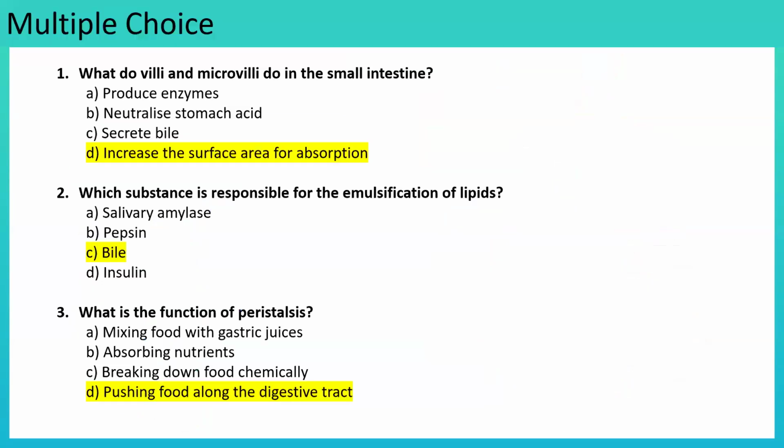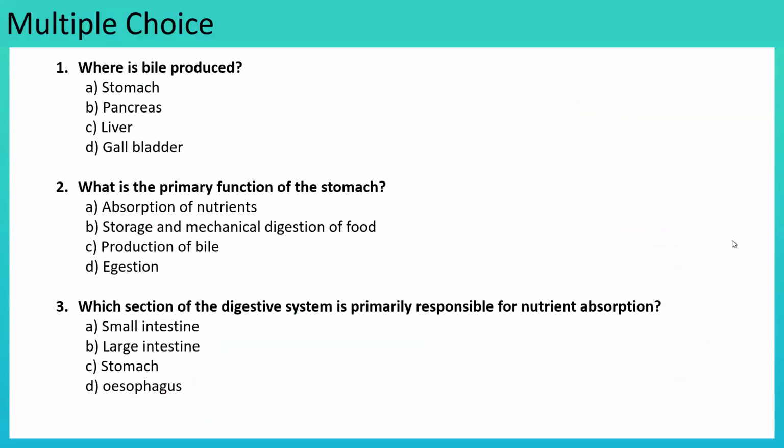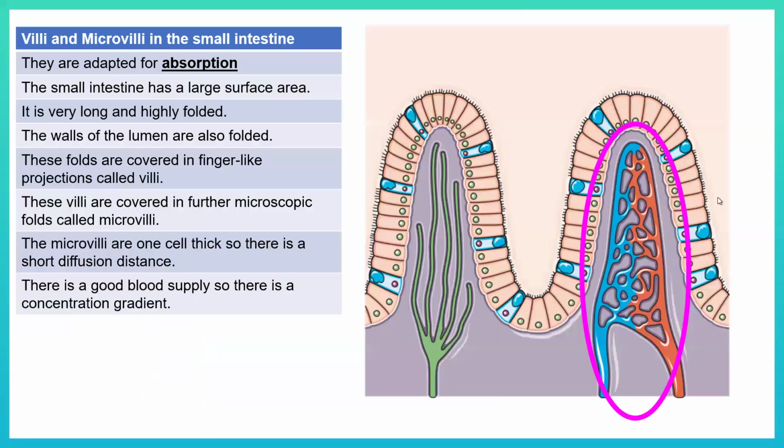We also saw at the end of last session that the diffusion distance is really short between the lumen and the blood. This bit here is the whole of the tube of the small intestine. It's only 1 cell thick between the lumen of the tube and the blood supply. There's a really good blood supply.